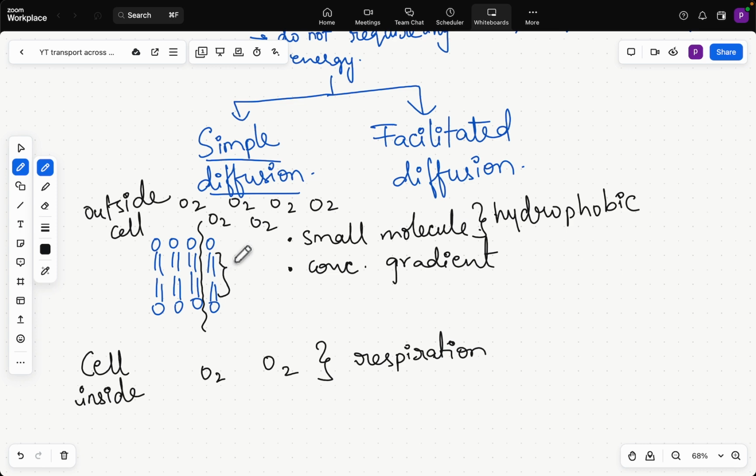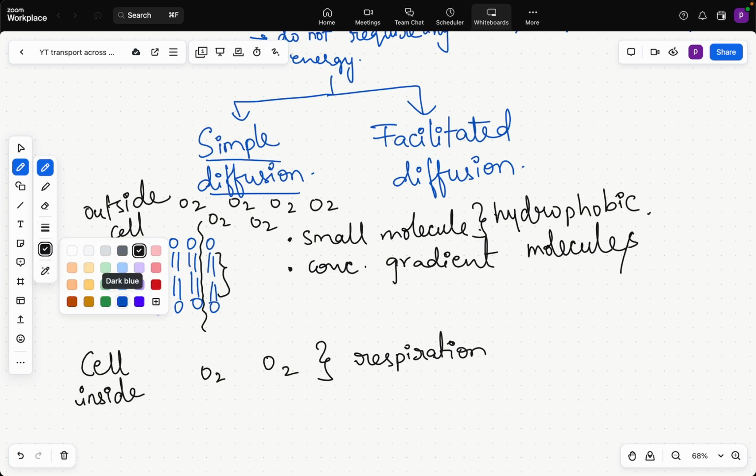So if a molecule is hydrophobic, it will easily pass through the cell membrane, because there will be no repulsion or conflict between the hydrophobic part and the hydrophobic molecule. Therefore, small hydrophobic molecules can easily pass through the cell membrane through simple diffusion, where the passage occurs only because of concentration difference.